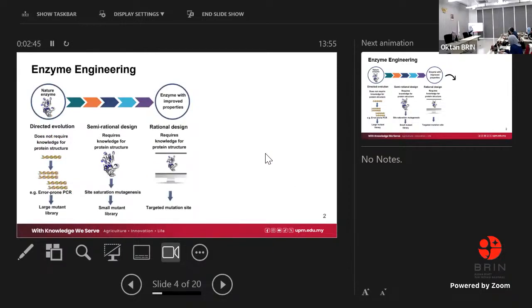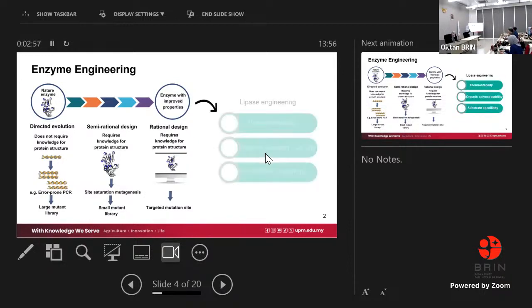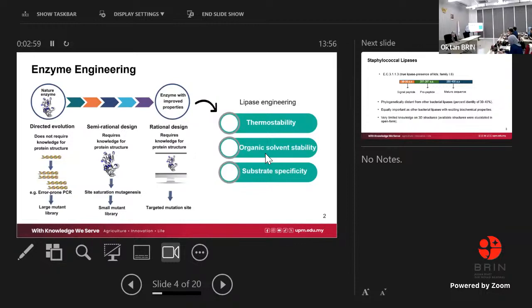Okay, so to overcome the limitation of natural enzymes, protein engineering was developed many years ago. In general, protein engineering can be divided into three: directed evolution, semi-rational design, and rational design.